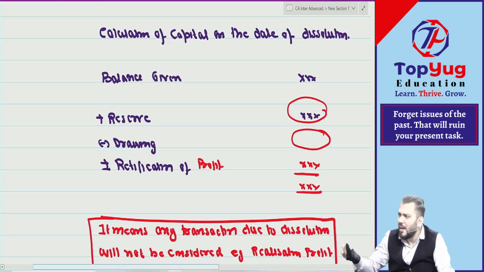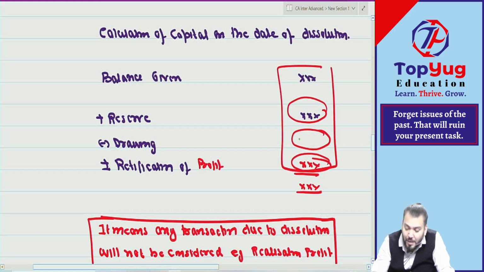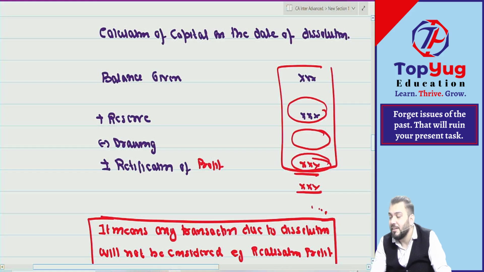Advance can be in another capacity. Are you getting? So advance is not a part of capital balance, therefore it will not be considered. Plus minus rectification, only this will be considered to find out capital on the date of dissolution. The advance given to partner, or loan taken from partner, is not part of partner's capital.